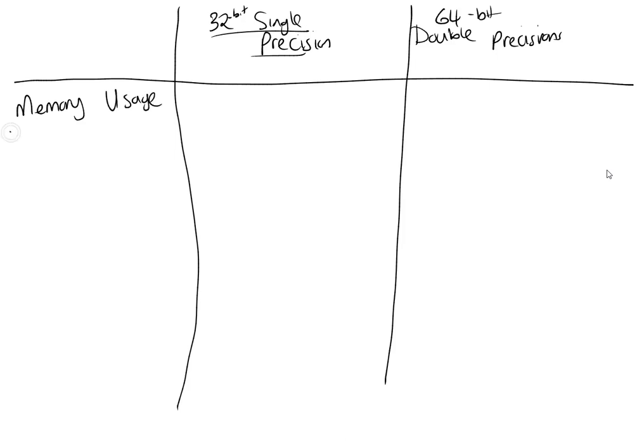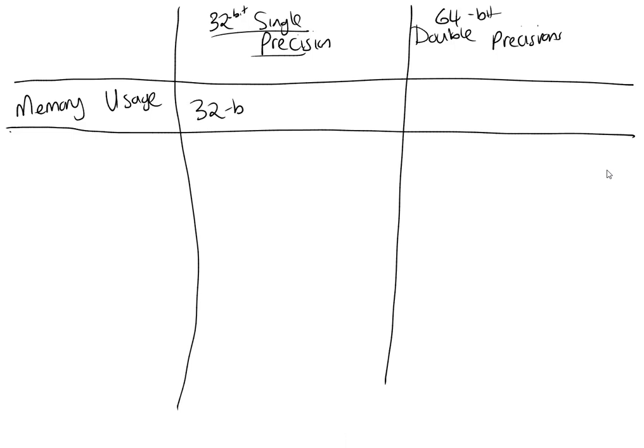Okay, so the memory usage here depends on whether it's a 64-bit or a 32-bit machine, single precision or double precision. For single precision, we use 32 bits in total to represent the real number. In 64-bit machines, as you guessed, we use 64 bits to represent the real number.